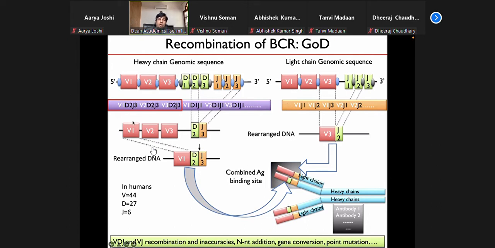Not only does this VDJ recombination or VJ recombination provide you the specificity, but also the inaccuracies that you have during the cutting and pasting process. Recombination inaccuracy, then addition of some additional nucleotides at N and P, then gene conversion, point mutation, all these things are going to give you more and more antigen specificities.